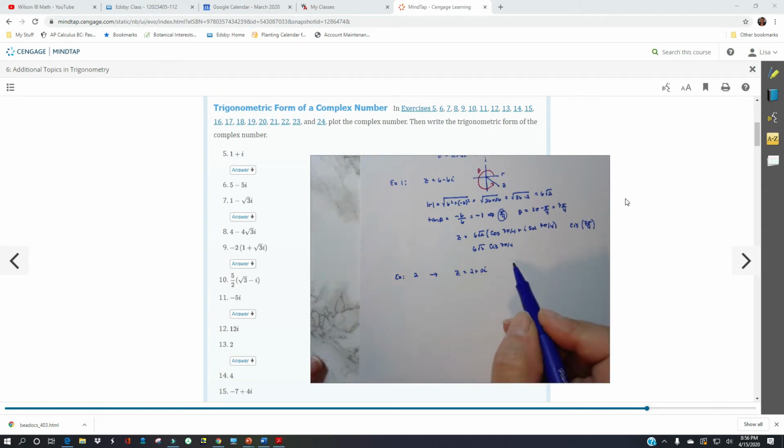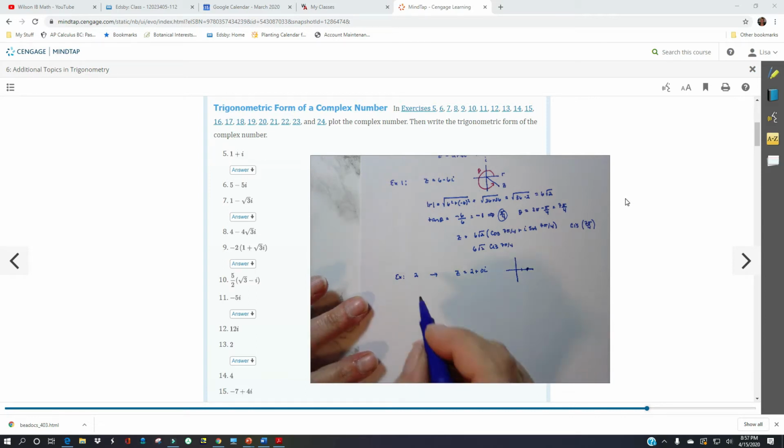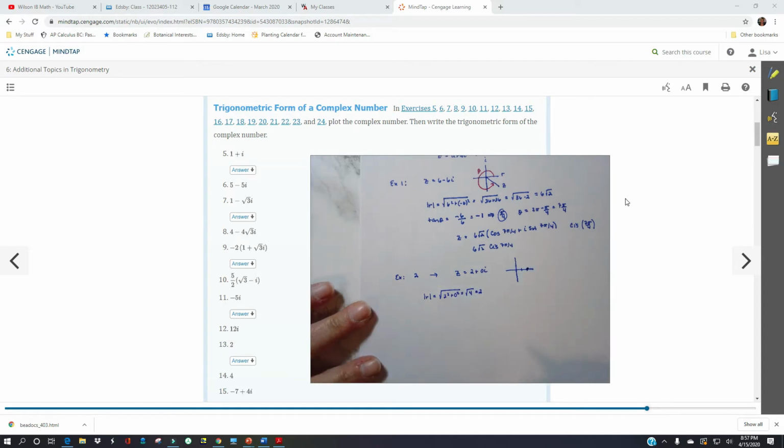Okay? So if I wanted to plot this, I would go over 2 in the real direction and up 0 or down 0 in the vertical direction. So my complex number is right there on the x-axis, or the real axis, I should say. So our modulus is going to be the square root of 2 squared plus 0 squared, or the square root of 4, which is 2. Nice and easy.